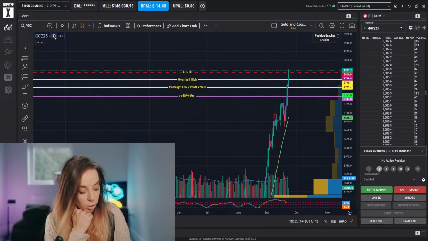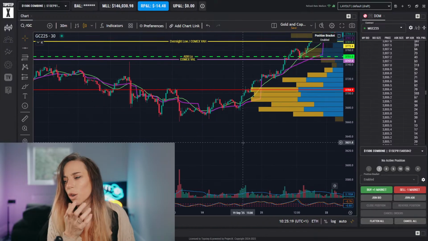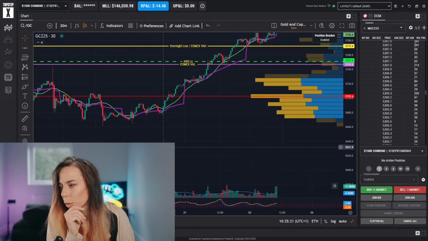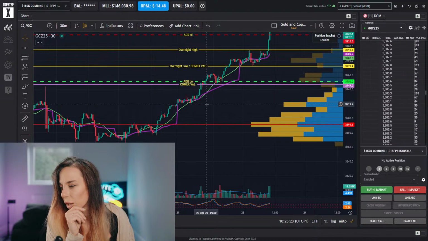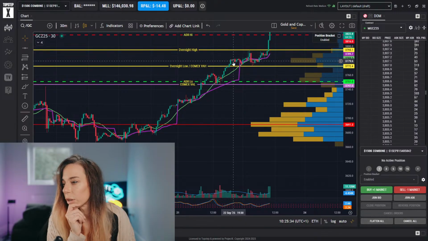So let's have a look at the 30-minute time frame, because I had a look when I woke up. I'm like, oh, I wonder what gold did. So this is the Euro close, LME close, settlement.